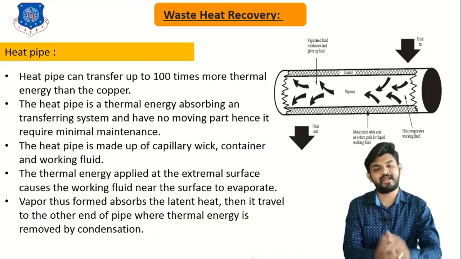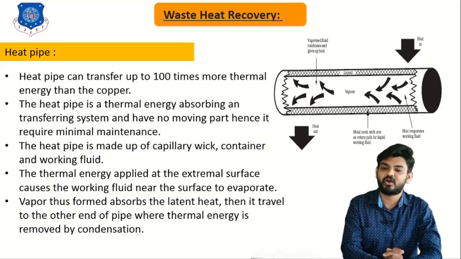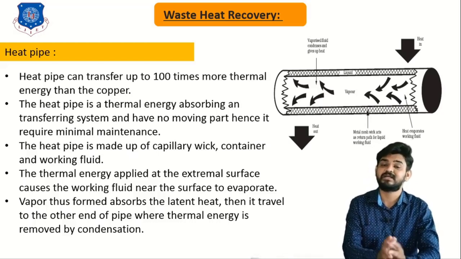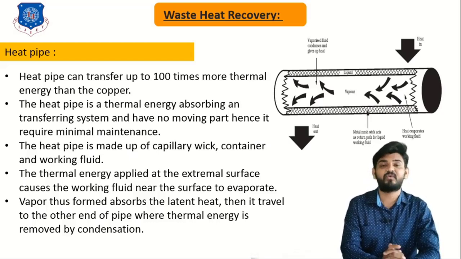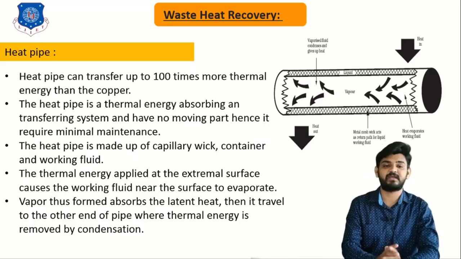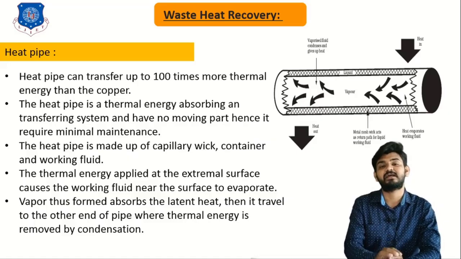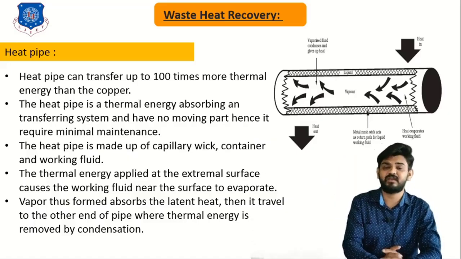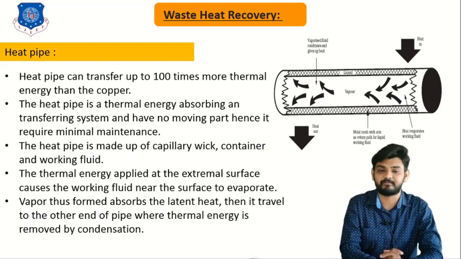Thermal energy applied at the external surface causes the working fluid near the surface to evaporate. So what will happen is the waste heat, such as low pressure steam, will transfer its heat to the external surface of this pipe. Here in the image you can see that the top surface of this heat pipe is receiving heat energy from the steam.